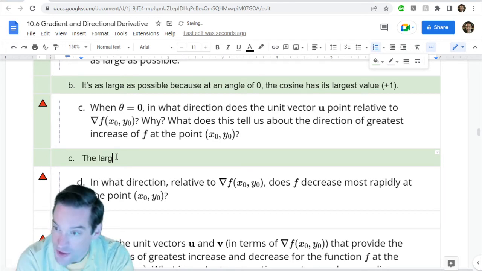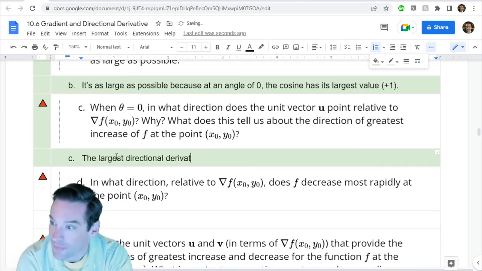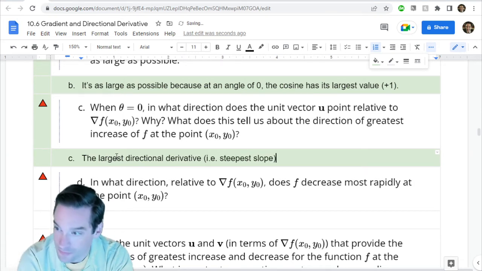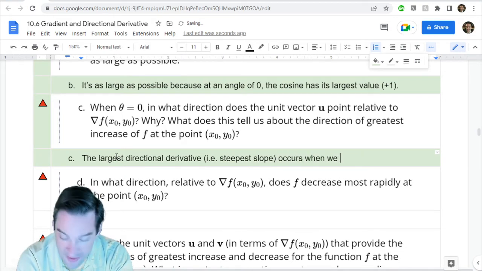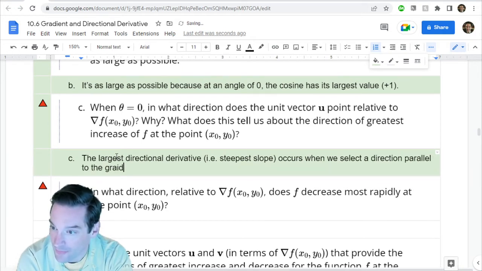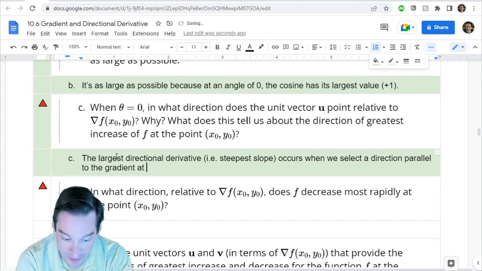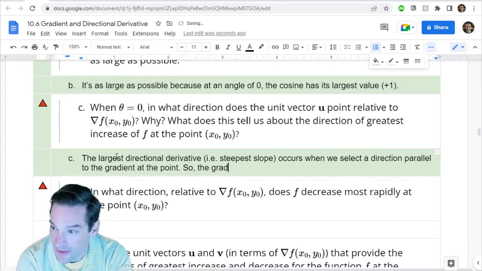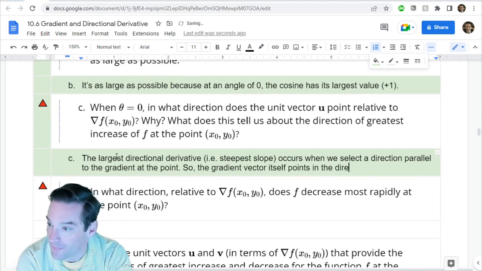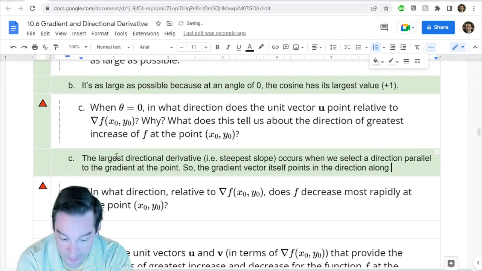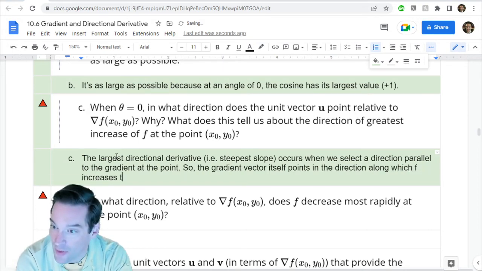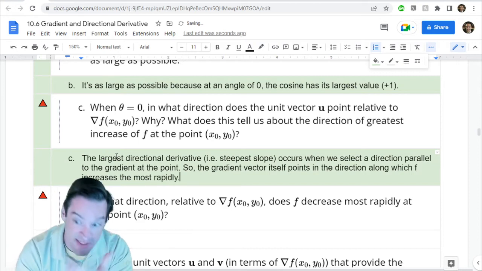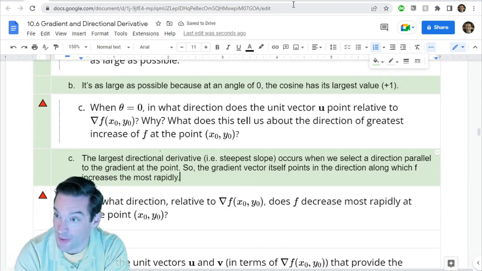So the largest directional derivative, i.e. the steepest slope, occurs when we select a direction that is parallel to the gradient at the point. So the gradient vector itself points in the direction along which f increases the most rapidly. So the steepest uphill is found in the direction of the gradient.